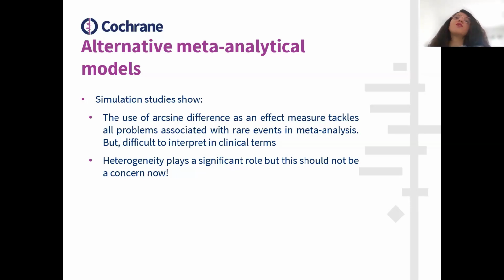And finally, simulation studies show that heterogeneity plays a significant role in the estimation of summary estimates, but the Cochrane Handbook suggests that heterogeneity should not be a priority. We should focus on finding the most appropriate model for a final estimate.